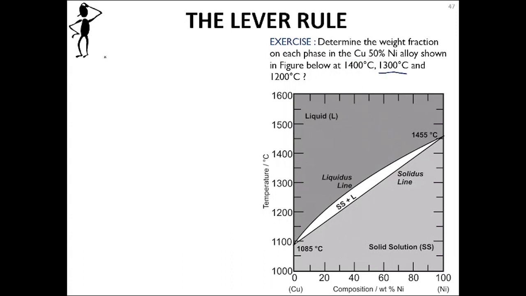So for this question, the first thing we do is we find the phase or phases present. We need to draw a straight line from 1300 degrees Celsius and a straight line for 50 weight percent of nickel until they meet each other.